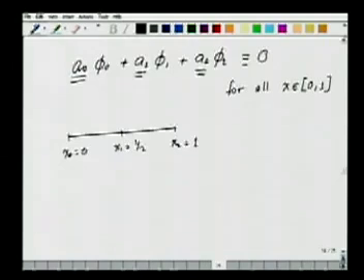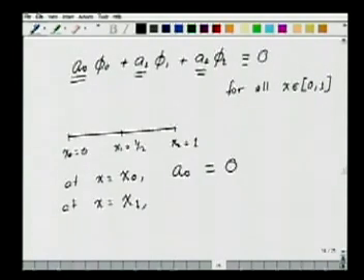At the point x0, if I look at this expression, phi 1 is equal to 0, phi 2 is equal to 0. So at x equal to x0, this expression becomes a0. This is equal to 0. Similarly, at the point x is equal to x1, what happens?